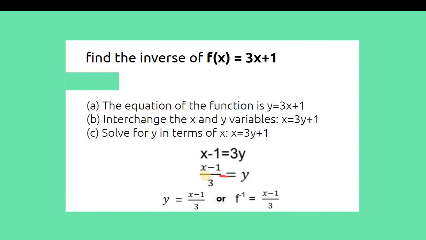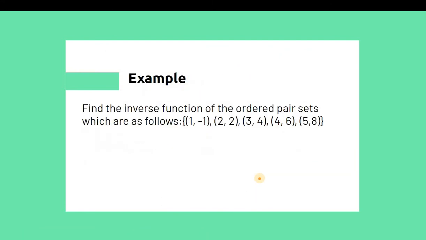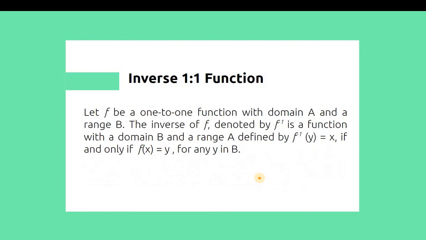So, ano yung next na gagawin mo? Isulat mo lang siya ng maayos, ano? Kasi, ang sabi dito, solve for y. So, hanapin natin yung y. Y is equals to x minus 1 over 3 or f negative 1. So, bakit f negative 1? Balikan ko lang mabilis, ano? Yun yung nasa definition natin.